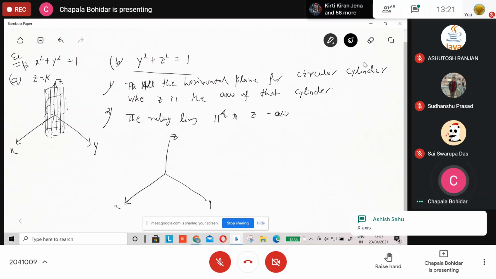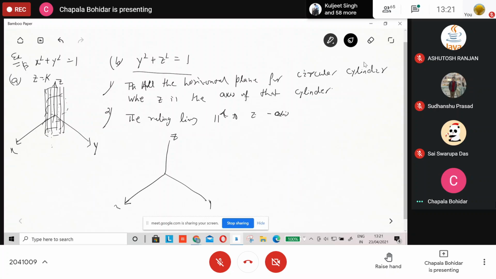So here, the circles will form the same thing, a circular cylinder.